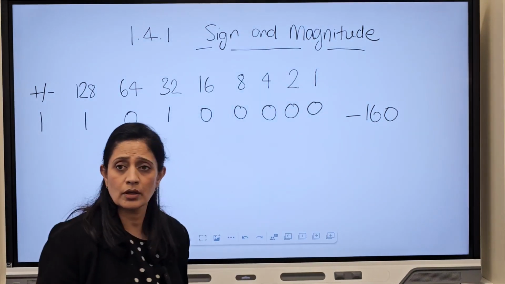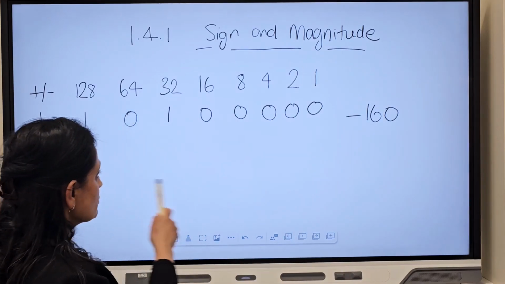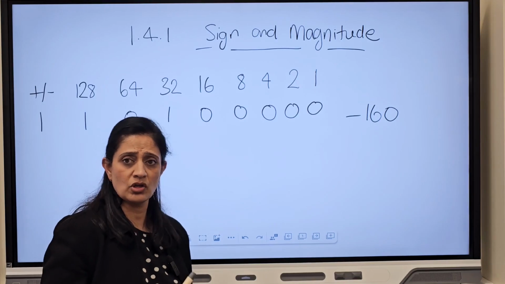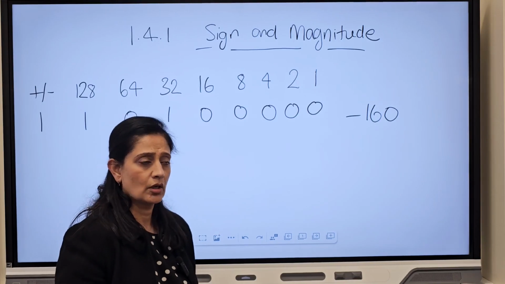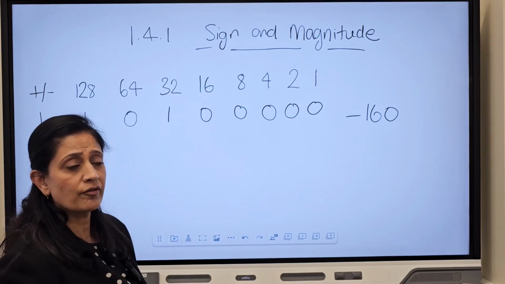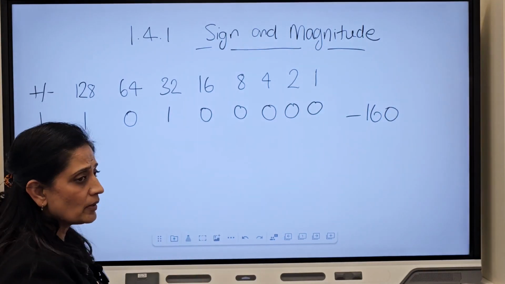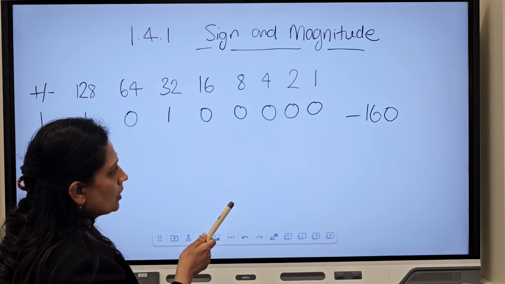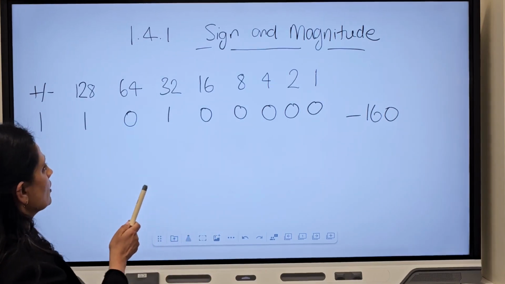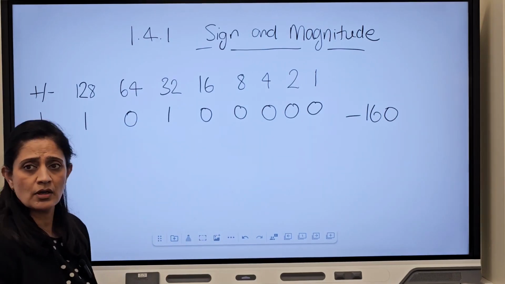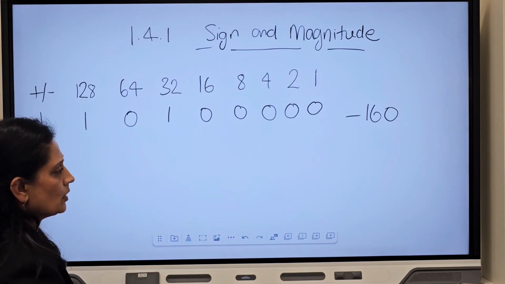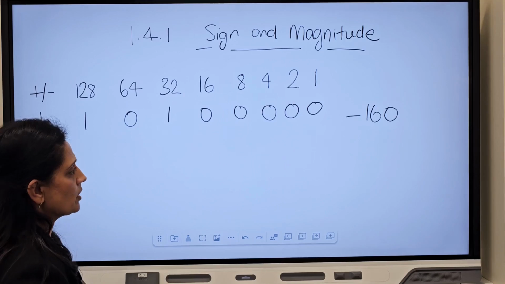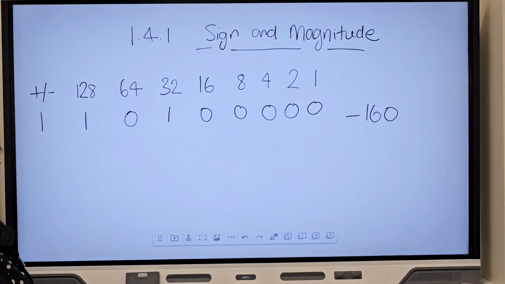That's really important because at A level, you would expect questions that might potentially throw you off. Normally you would be practicing using 8 bits, but if you remember what I said earlier with minus 127 being the cutoff point, if you need to represent a number that goes beyond that, you do need to add another column.